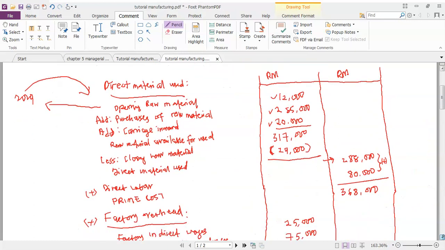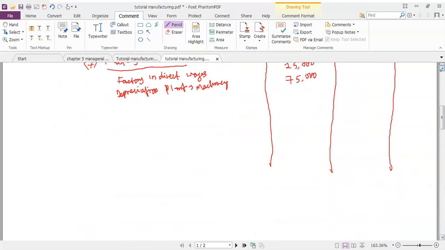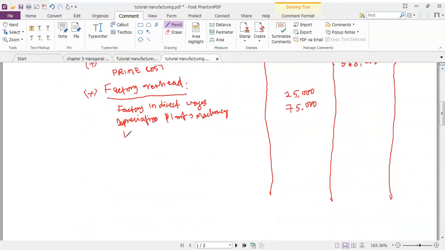So factory 68,400, you should add on in the factory overhead, name electricity. Okay, electricity cost. Kita dah apportionkan siap-siap bahagian office berapa, bahagian factory berapa. So kat sini 68,400.